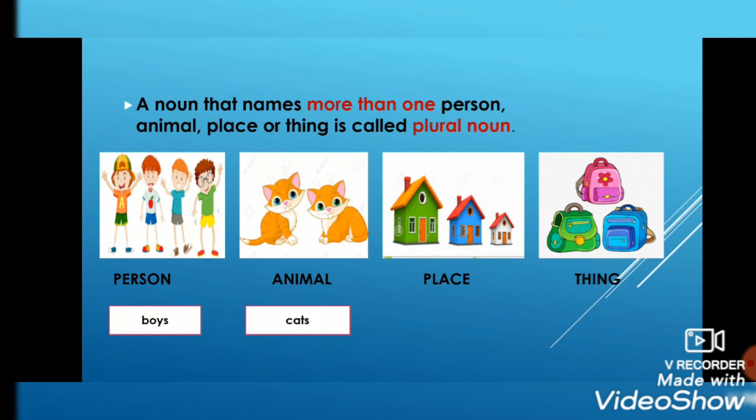In the third picture, we can see houses. So houses is a plural noun that tells about more than one place. And in the last picture, we can see bags. So bags is the plural noun that tells about more than one thing.